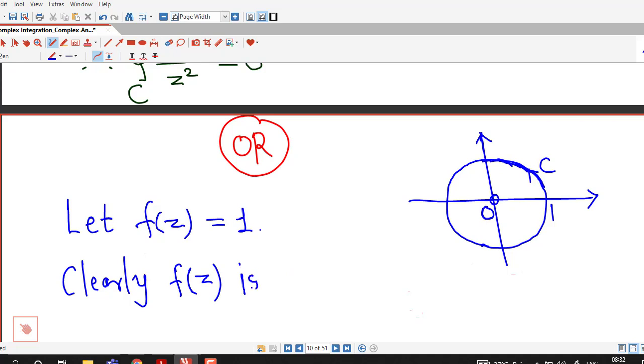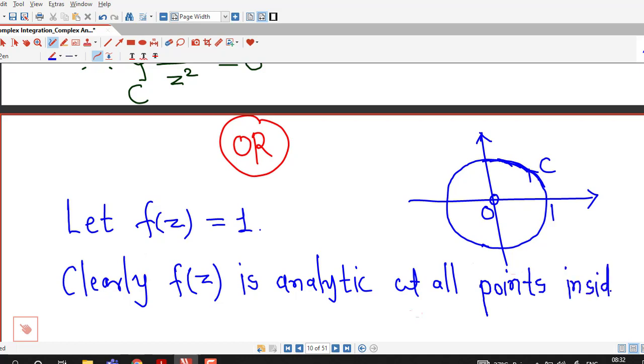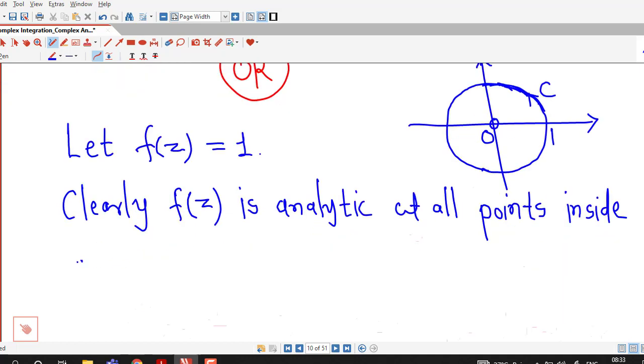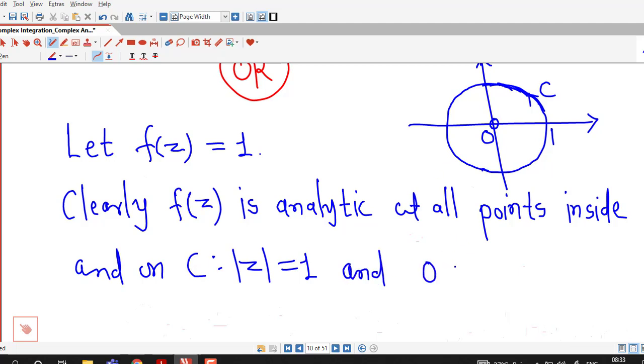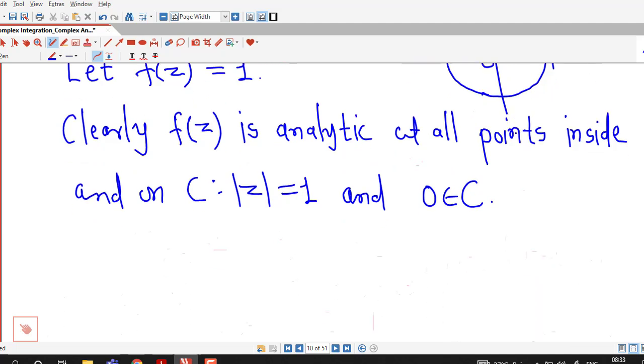So clearly f of z is analytic at all points inside and on C, which is mod z equal to 1 in this case, and this point 0 lies inside C. So we can say that 0 is interior to this unit circle.